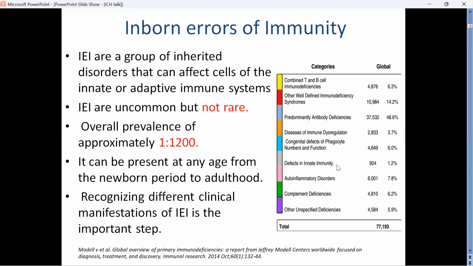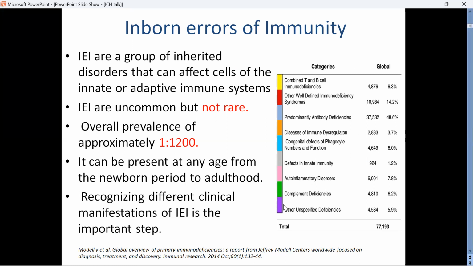Then disorders of innate immunity, as I said, the disorders of natural immunity or the NK cells. Then autoinflammatory disorders, complement deficiencies, and recently two more entities have been added: phenocopies of PID, and bone marrow failure syndromes, which have been added to inborn errors of immunity in the recent classification.